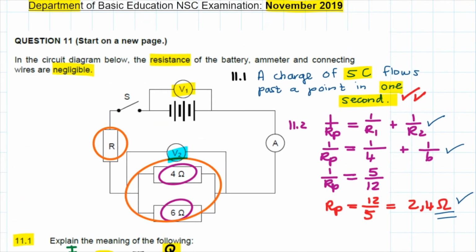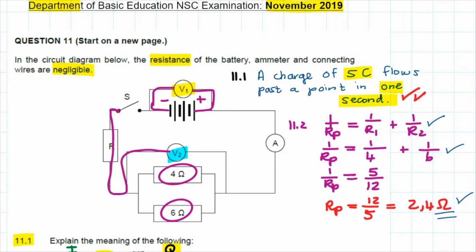We can clearly see that voltmeter V1 is connected across the positive and negative terminal of the battery. So this connects to the positive side, that connects to the negative side. But if we look at V2 and we draw a line all the way from here, we hit a block. So here is an open switch.